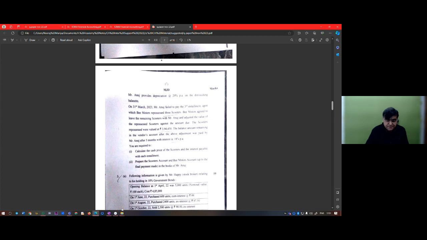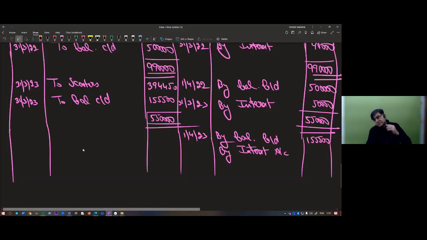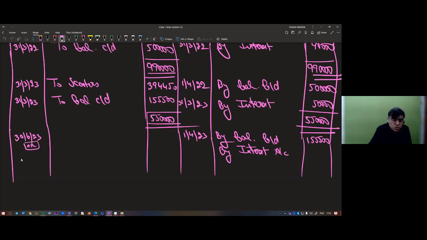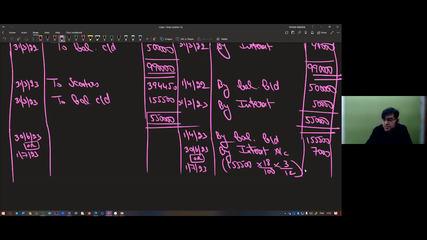After 3 months, 30th June or 1st of July. 1,55,550 into 18% into 3/12, interest is 7,000, 7,162,500.